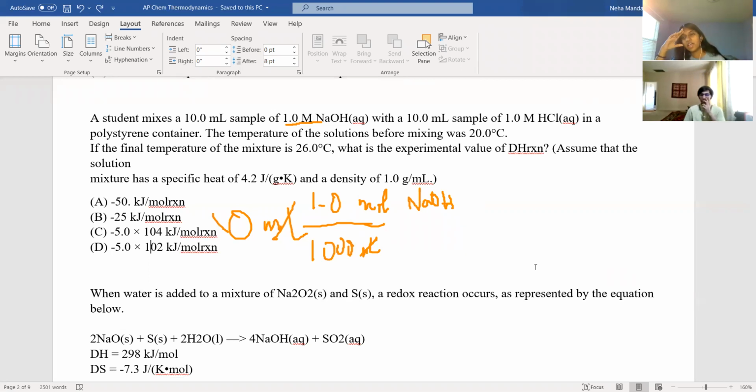So if ice melts into water, is that exothermic or endothermic? Ooh. Ice melts into water. Yeah. I think that is endothermic.